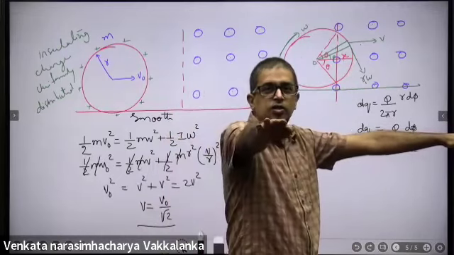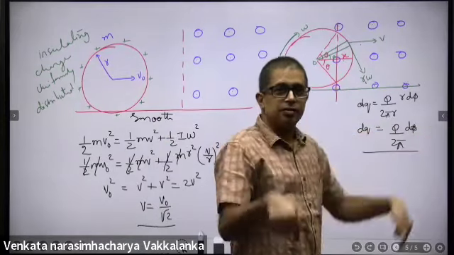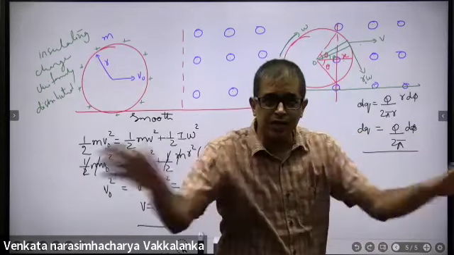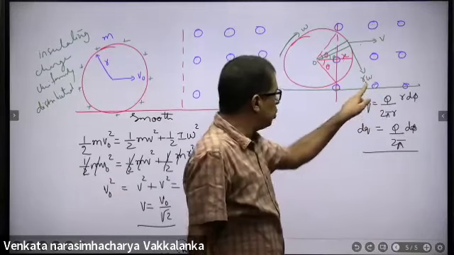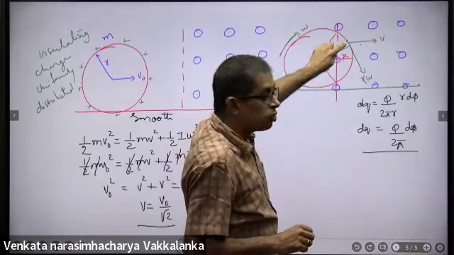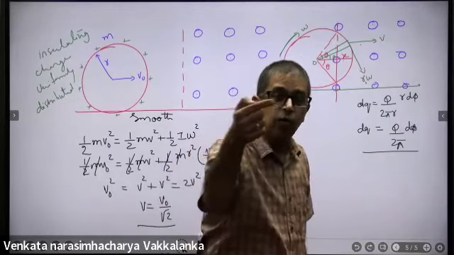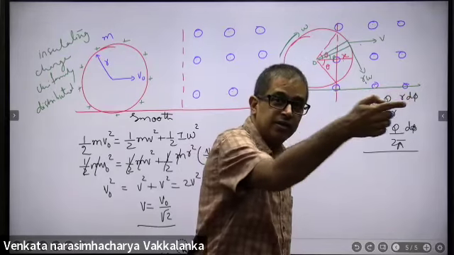This is V, this is B. V cross B is in which direction? Downward. So I will not touch this aspect of V. I am only interested in R omega now. Find out the force on that small element due to R omega and resolve that force along which direction? Horizontal.